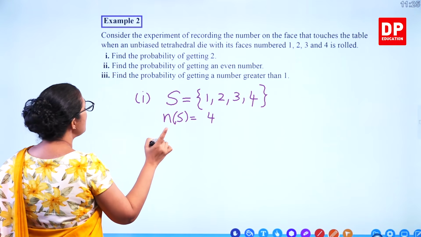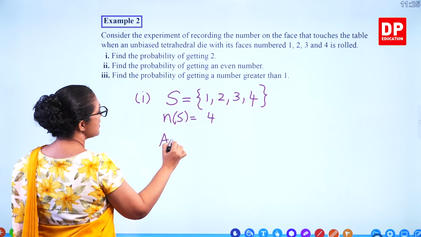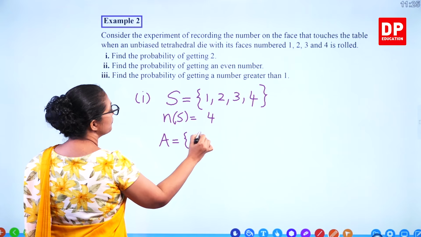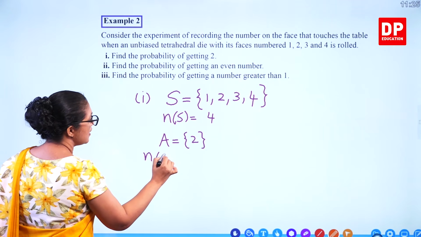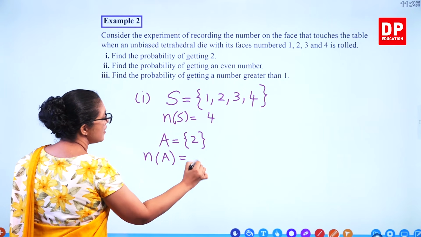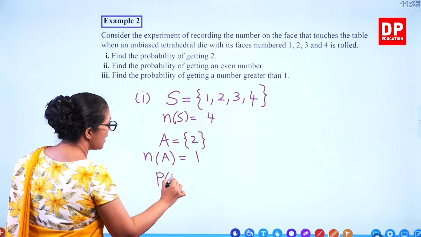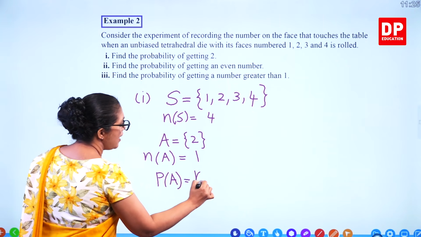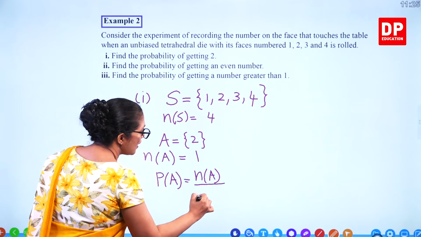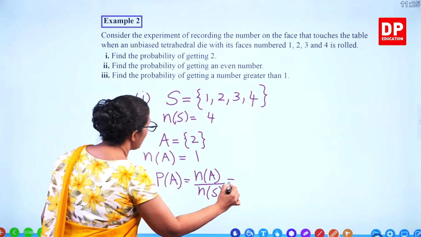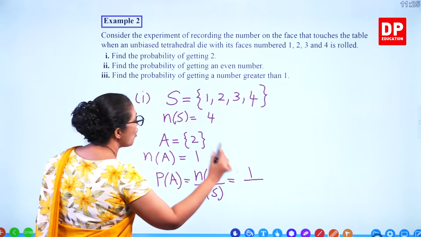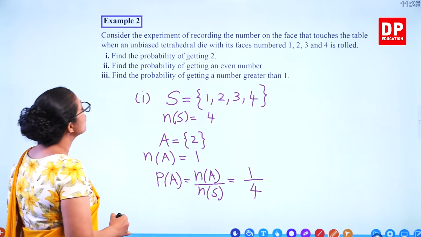Now, getting 2 means if any event is getting only 2. How many outcomes are there? That's just 1. So, we need probability of A getting 2. NA over NS. NA is 1 out of 4. So 1 over 4.